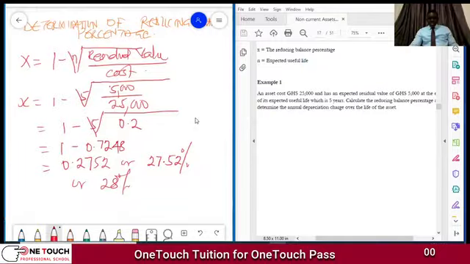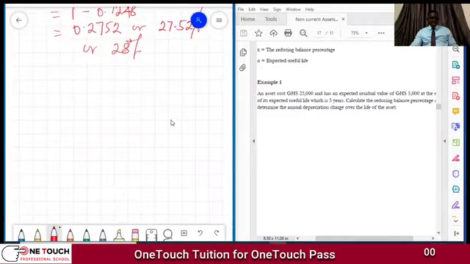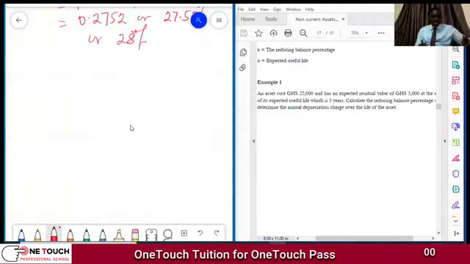All right. So now the next thing is for us to determine the annual depreciation charge. Let's see. We have the carrying value.